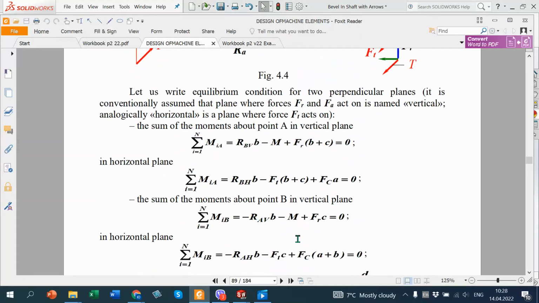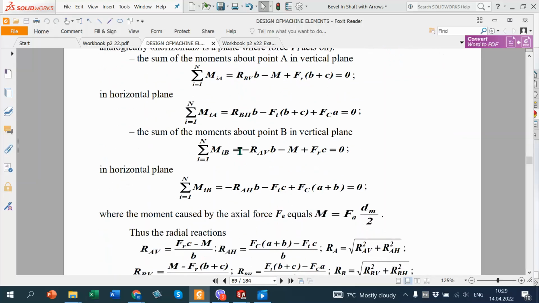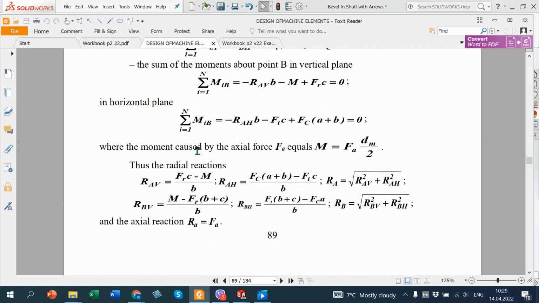So I shown you in lecture that we can write equilibrium condition, and from this equilibrium condition we can find reactions. But to know these reactions we should calculate radial force and Fc and moment.